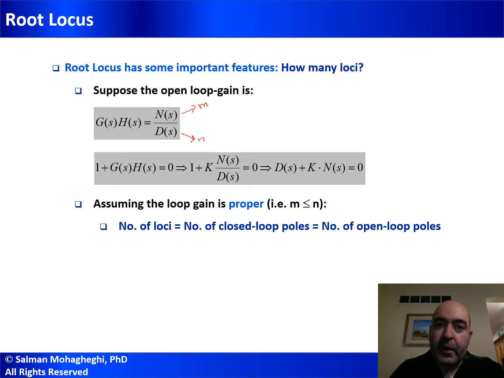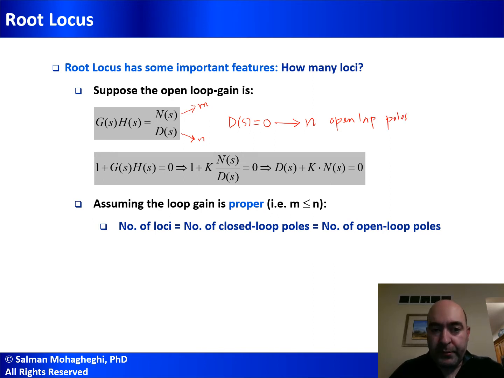If I want to find the poles of the open loop system, all I have to do is set D of s to 0 and find the roots. Since D of s is an nth order polynomial, its roots will be n values, n numbers. So this system will have n open loop poles.